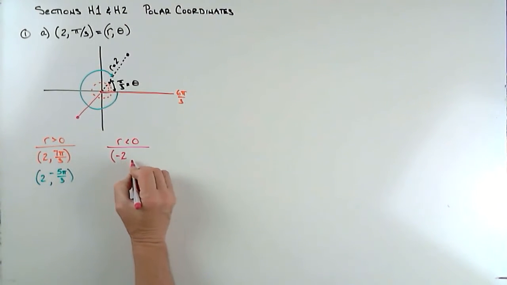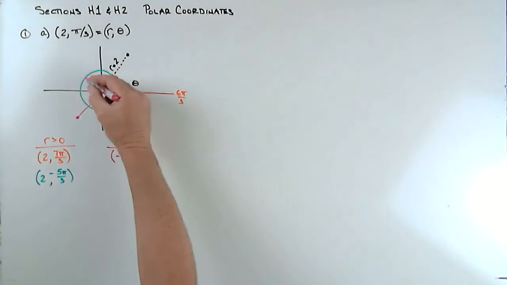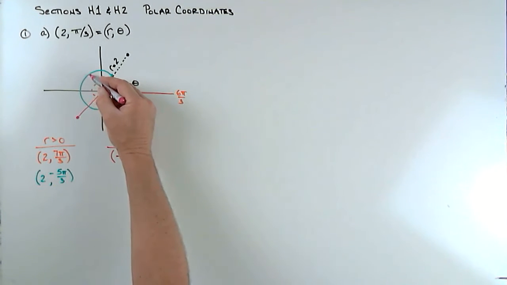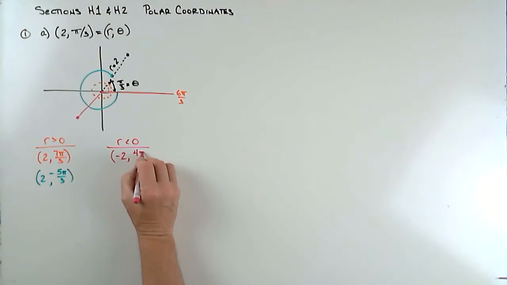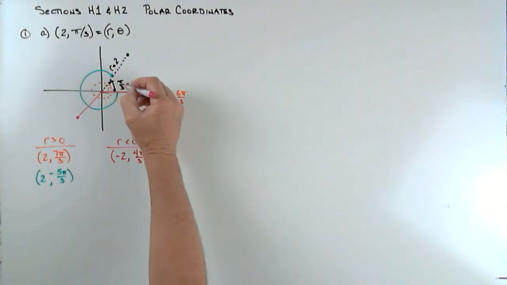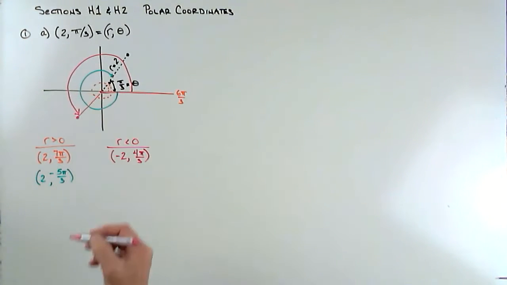So our r would be -2, the -2 meaning we're going to reflect, and then our angle would be, well, it would be pi over 3, 2 pi over 3, 3 pi over 3, 4 pi over 3. So that's one way we could do it. And that angle would be 4 pi over 3, right? That angle would be right here, 4 pi over 3.